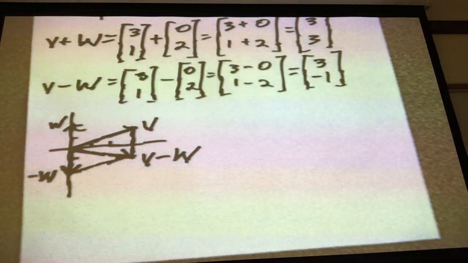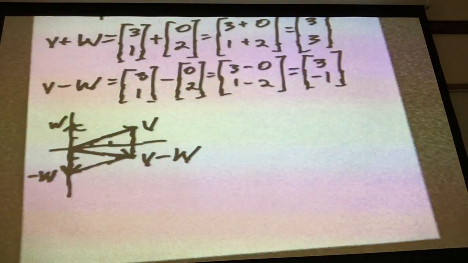Okay, what if we wanted to add up other vectors? We're going to draw axes on this one.